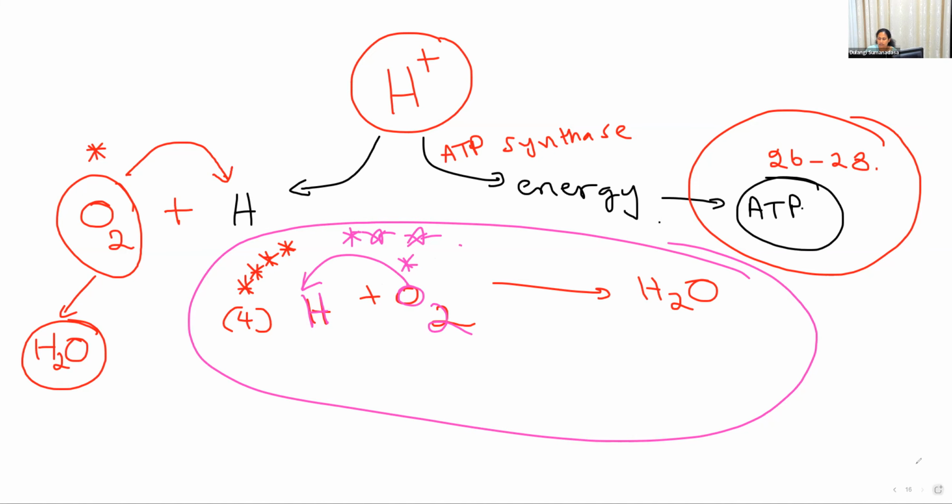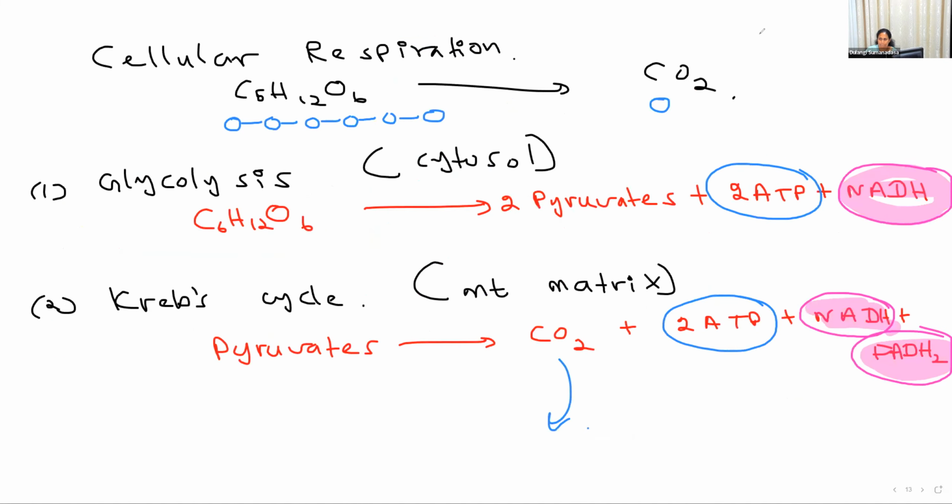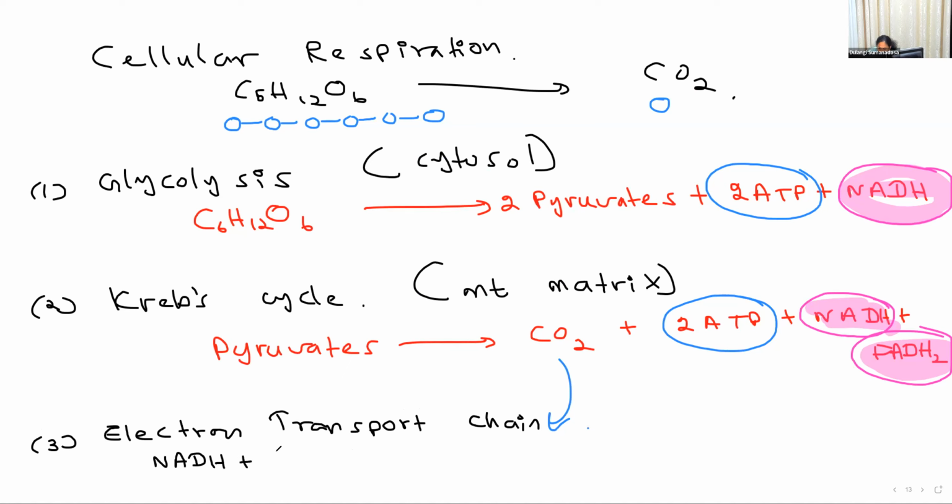I'm going to summarize this. So this is what we did in the electron transport chain, right? Coenzymes went through the chain to produce ATP.